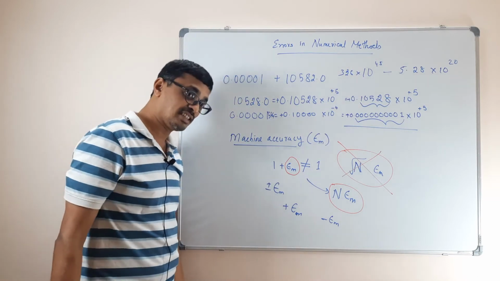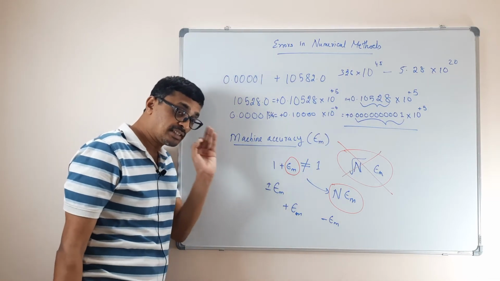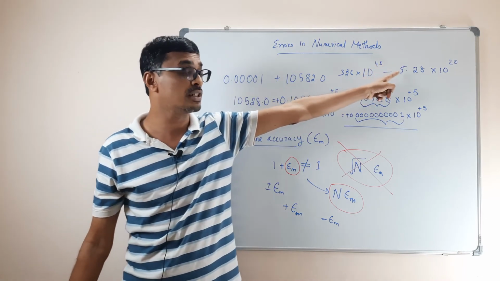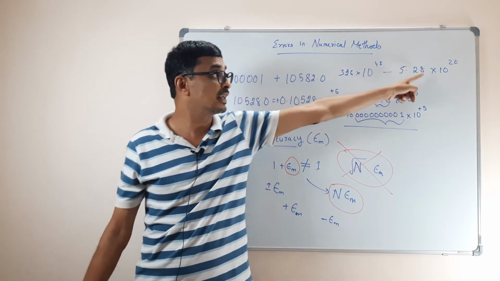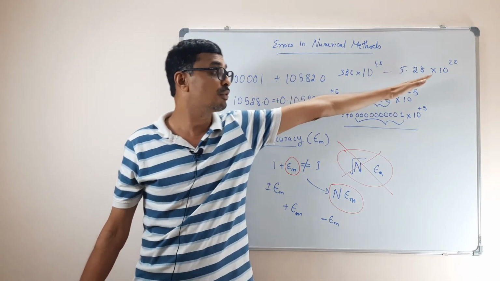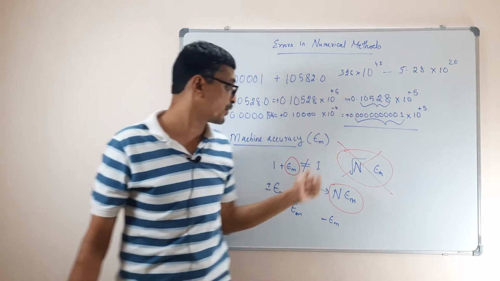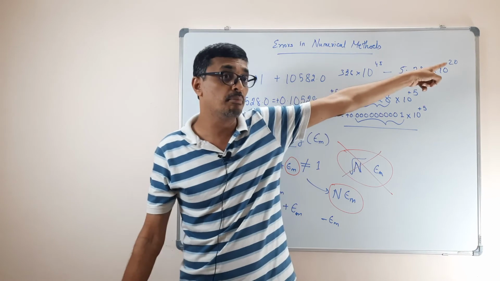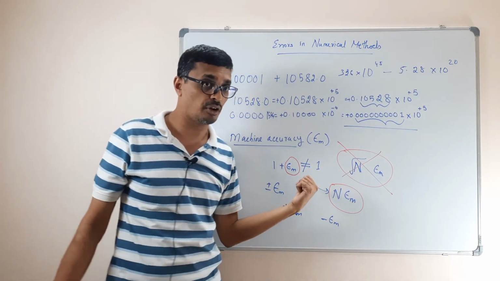Yes, sir. Is that clear? When you are handling large numbers, you have pushed your significant digits so far away from the mantissa. That is why the error is not simply the machine accuracy. Your errors can be much larger than your epsilon m.